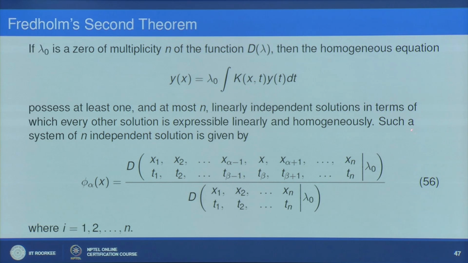This system of n independent solutions is given by the expression phi alpha x equal to a determinant with x1 to x alpha minus 1, at alpha position x alpha, up to xn, over t1 to t beta minus 1, t beta, up to tn, and in the denominator it is the nth Fredholm minor of D lambda.